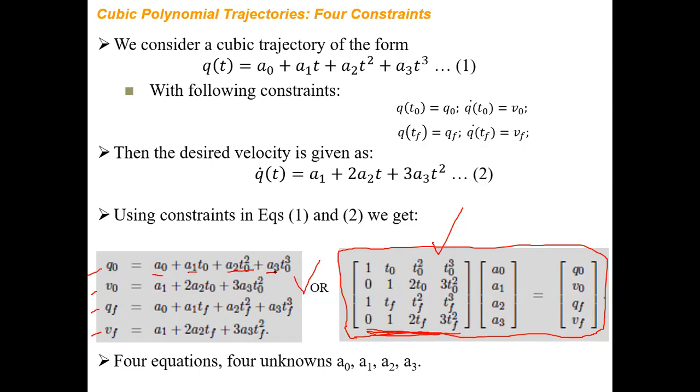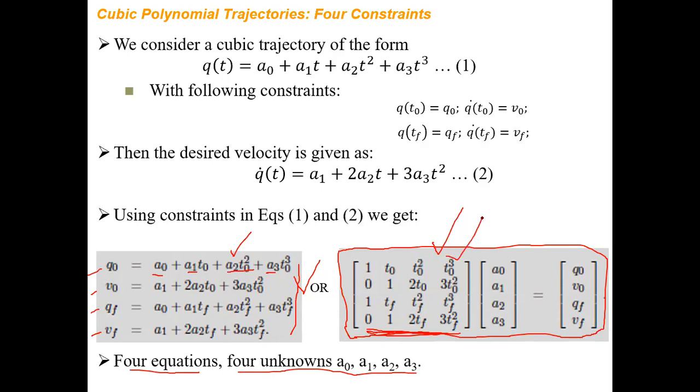If you somehow verify that the determinant is not 0, then you can guess that you can solve these 4 equations, because you have 4 equations and 4 unknowns. So in that case you can solve the equations, but how, we'll talk about it later. At least you know you can solve it, given that this determinant is non-zero.